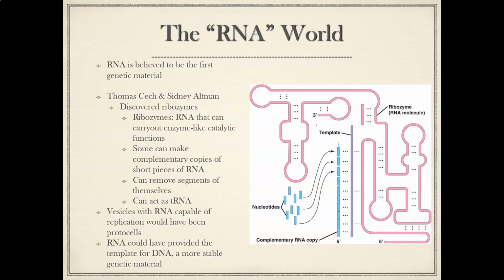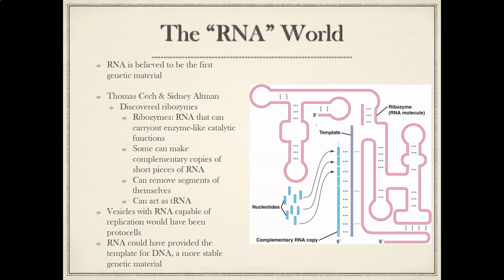But they also can replicate themselves. So they can act like tRNAs, they can act like short copies of RNA molecules and reproduce themselves. So now these ribozymes not only function in metabolic function, but function in replication.